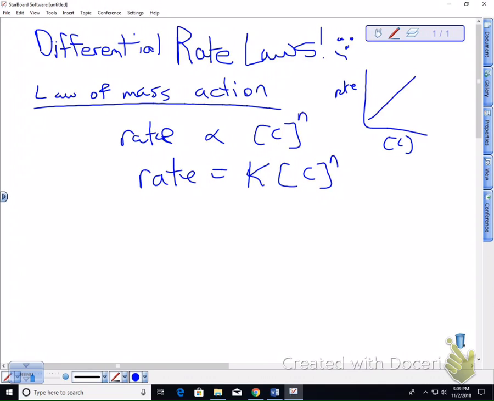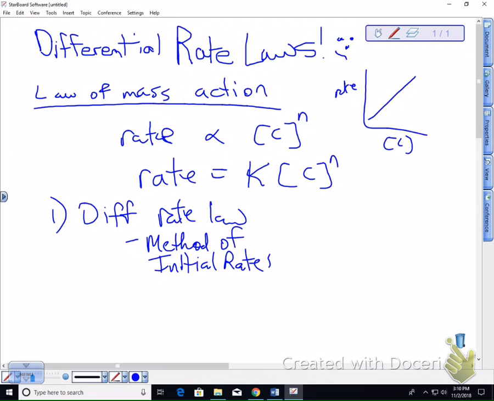And there are a couple of methods that we have to come up with this order. One is called differential rate law. Obviously the title of this video is differential rate law. And when we use differential rate law, it's really a little bit more accurately called the method of initial rates.